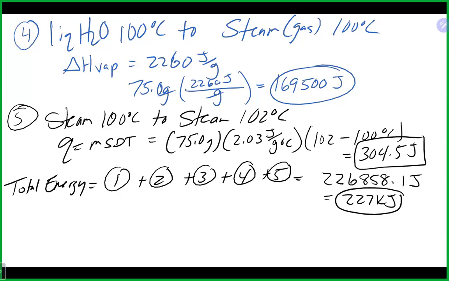What would be the only difference if I started with steam and ended with ice? What would be the only difference here? It'd be negative, yeah. So all the steps should end up being negative. The numbers will be exactly the same. You would end up with negative 227 kilojoules. As if we were going the other direction, these guys would reverse, and that would give you a negative number.